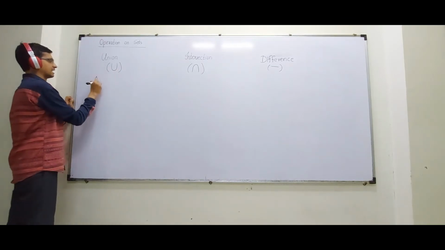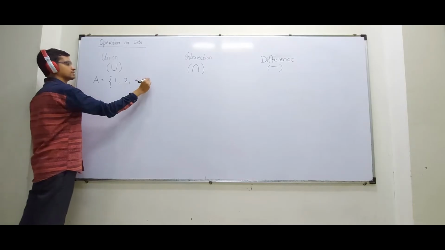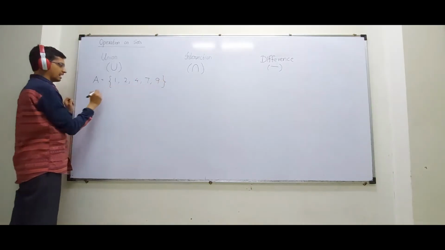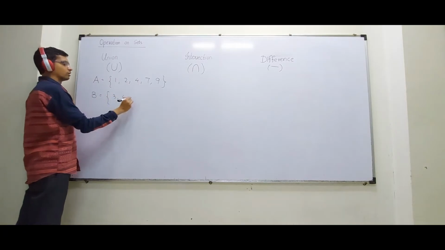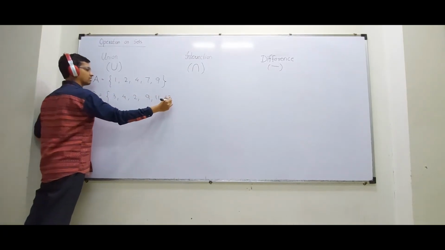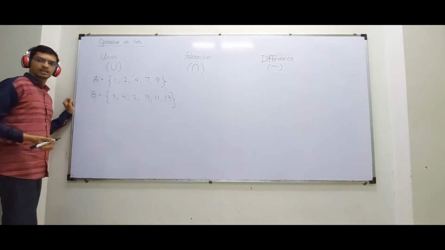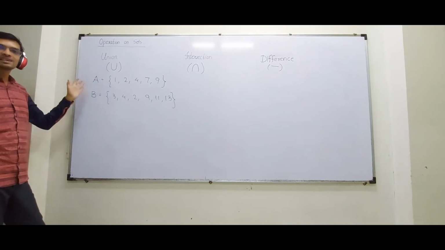I'll take set A as 1, 2, 4, 7, 9. I'll take set B as 3, 4, 2, 9, 11, 30. Now union means combining all the sets.